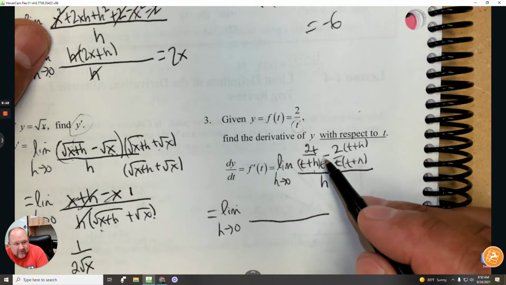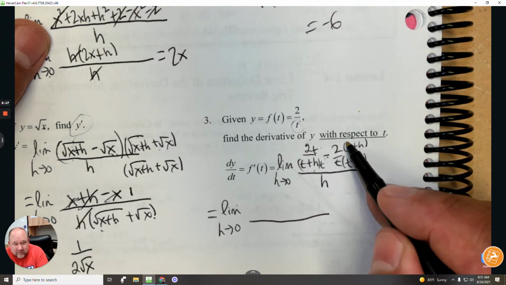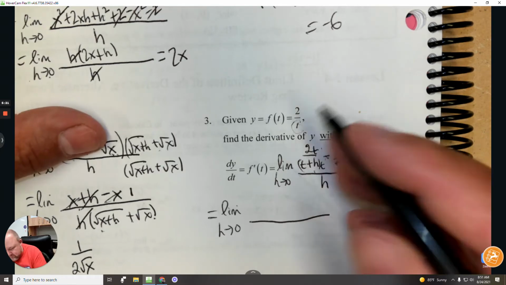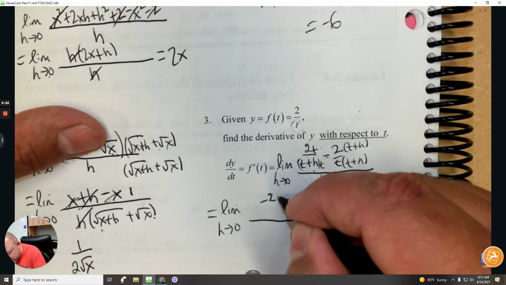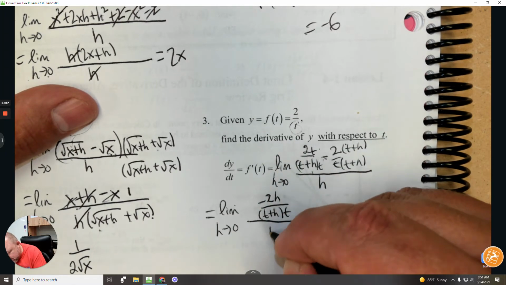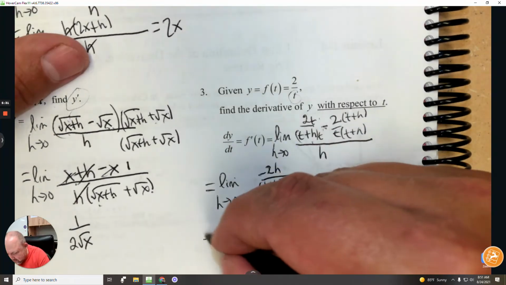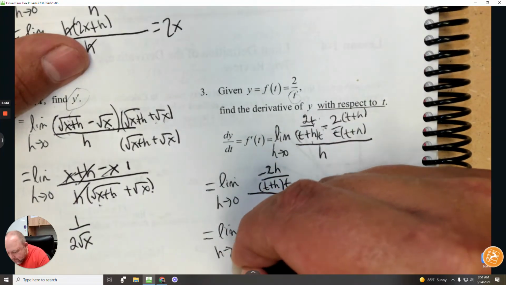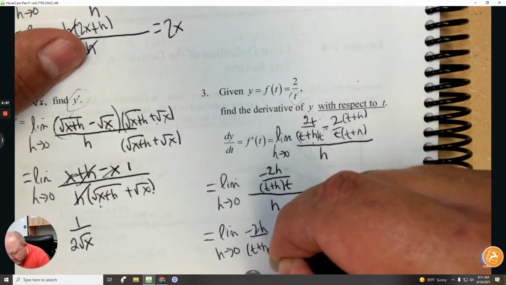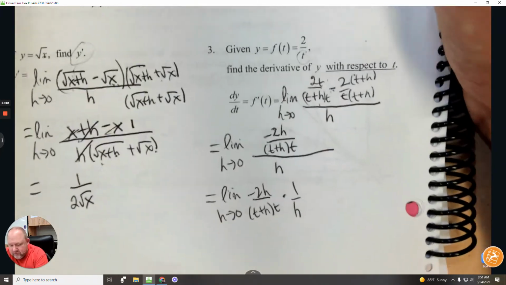So we have 2t. Now when I go negative 2 times t, I got 2t subtract 2t. They eliminate. So all I'm left with is negative 2h. And then again, the common denominator. Now, how do I divide fractions? I multiply times the reciprocal. So we have negative 2h over t plus h times t, and then the reciprocal, which is 1 over h.